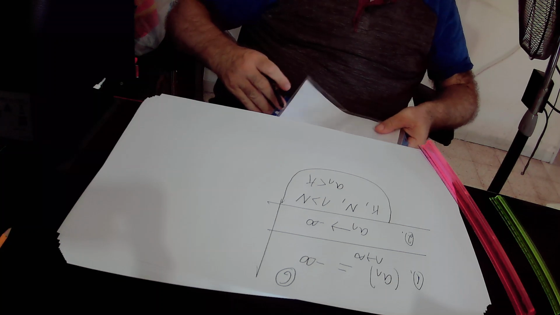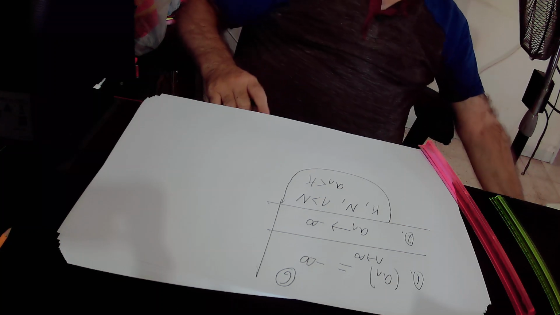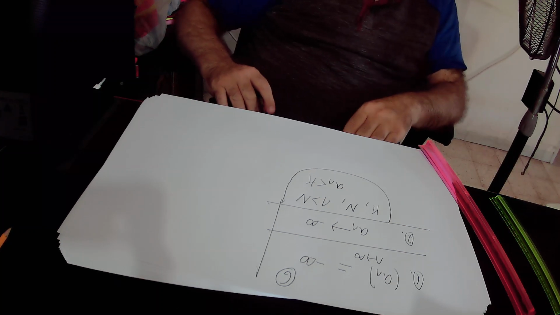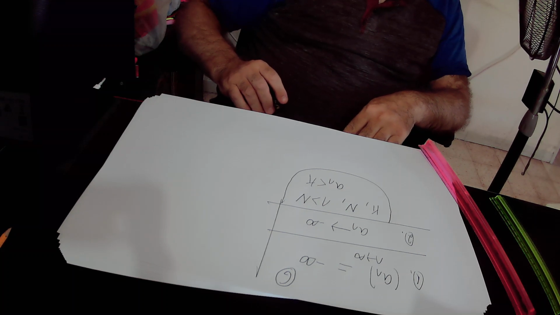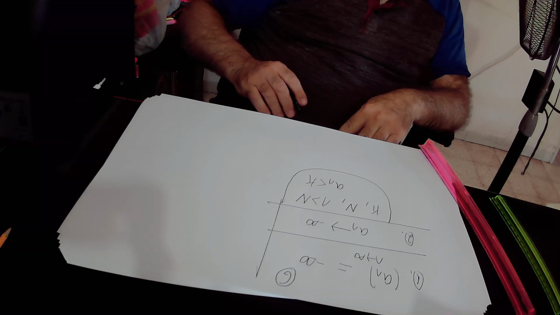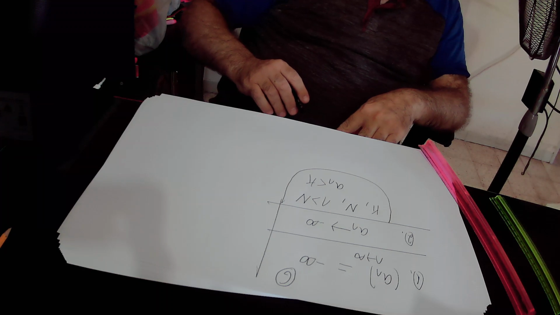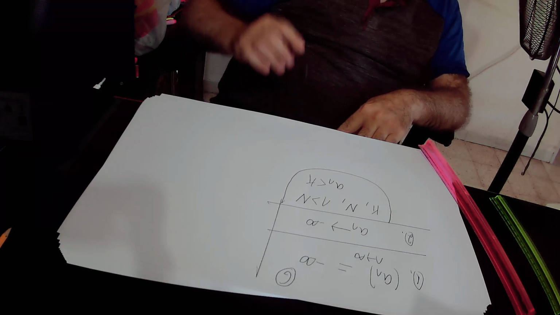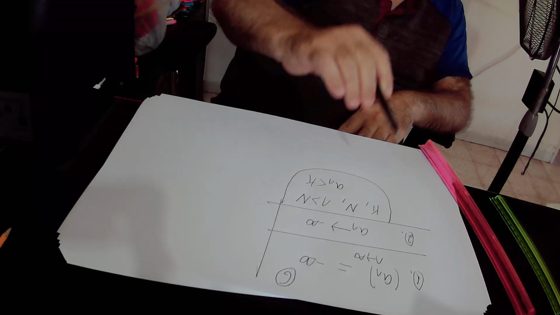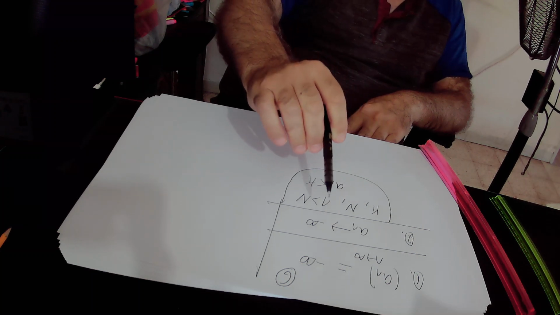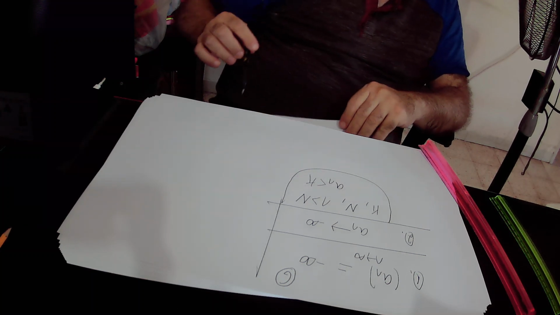Okay, so the sequence terms are eventually smaller than any fixed k, and therefore the limit of sequence an will be equal to minus infinity.